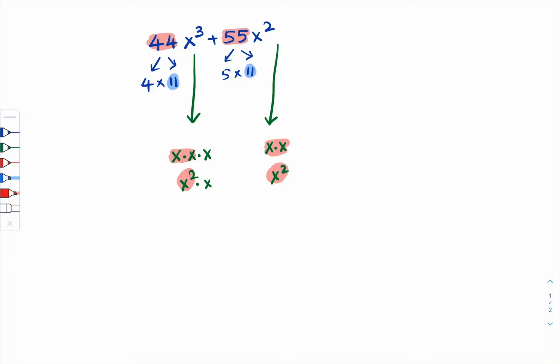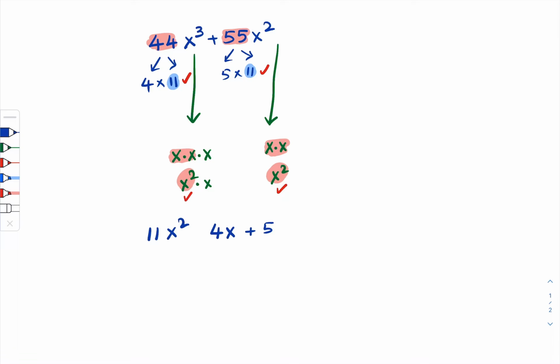Now if I take the 11 and the x squared and pull them out, what is left behind? If I pull out 11x squared from the 44x cubed, I'm left with 4x. And if I pull out 11x squared from 55x squared, I'm only left with 5.